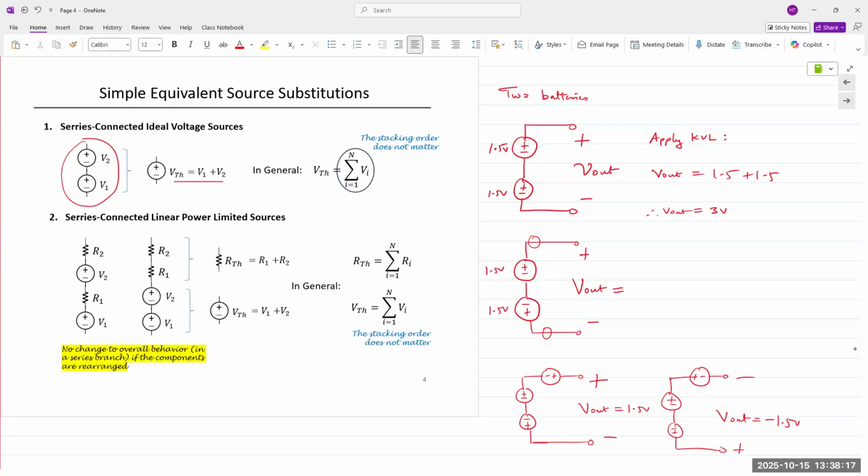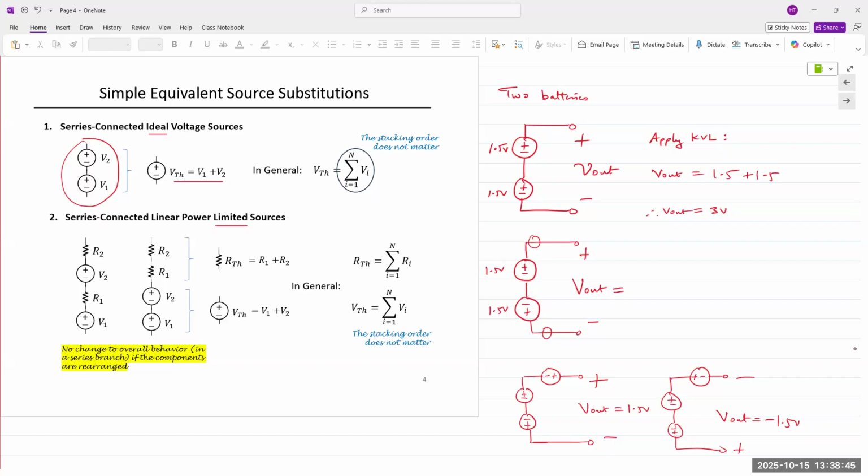So these are ideal sources. These are practical or real life sources. In real life sources, we need to take resistances into account. So if you have 2 real life sources connected in series, you would simply add up the resistances of that source in series.